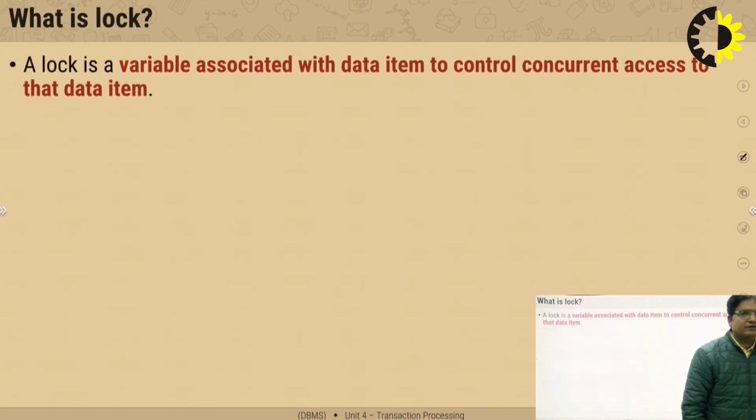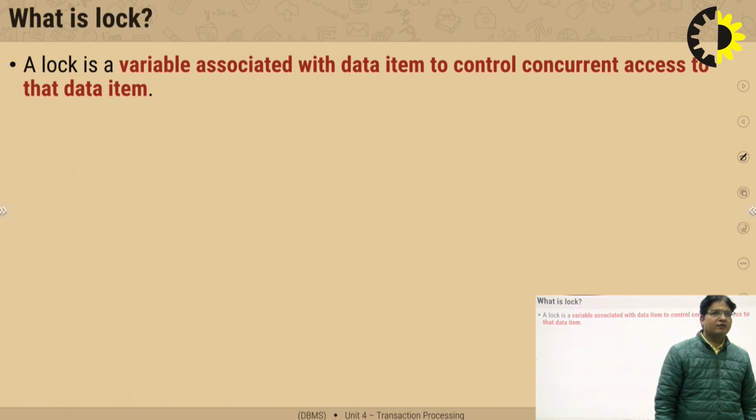See, in our general life, all of us are aware of the concept of lock. We lock our room, we lock our houses. Why? So that it is only used by us, other people are not able to use it. Whosoever has the key of the lock, that person will be accessing that particular house or that particular almirah. The same analogy is being used here in DBMS also.